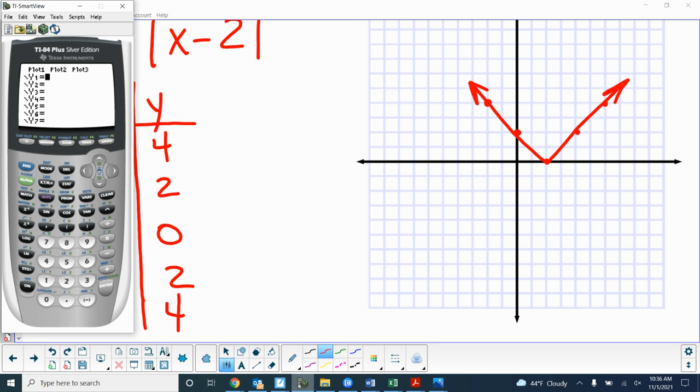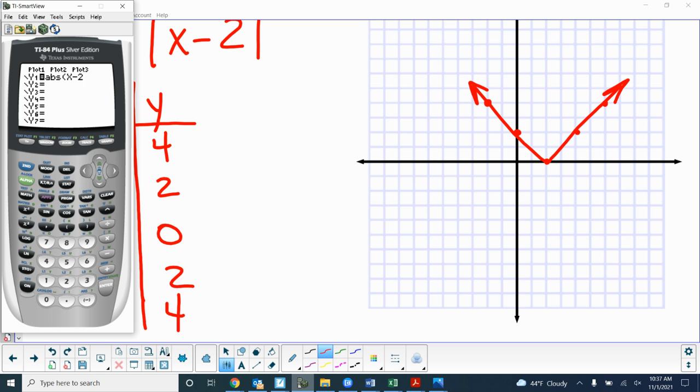All right. So, to put this in your calculator, absolute value. Anybody remember? Go to math. Move over to number, N-U-M. That ABS at the top means absolute value. So if you hit that, then put your X minus 2.